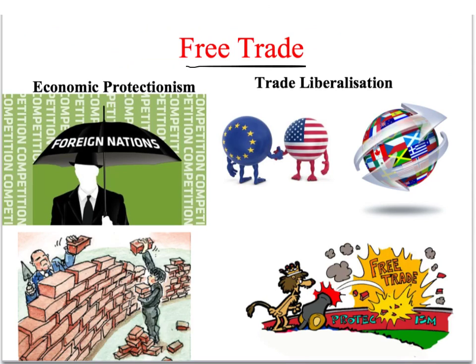Now this idea of free trade is all about removing the barriers to trade. So free trade is about making it easier for businesses to trade across national boundaries and between different societies. The opposite to free trade is economic protectionism, and this is where national governments will try to protect national industries from foreign competition by erecting trade barriers, whereas under free trade, governments have to treat local and foreign producers in the same way.